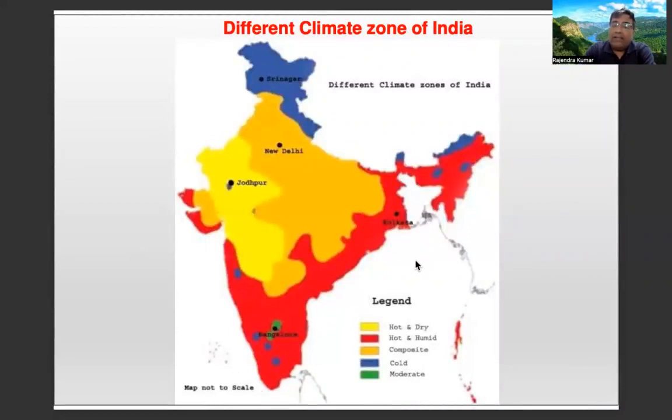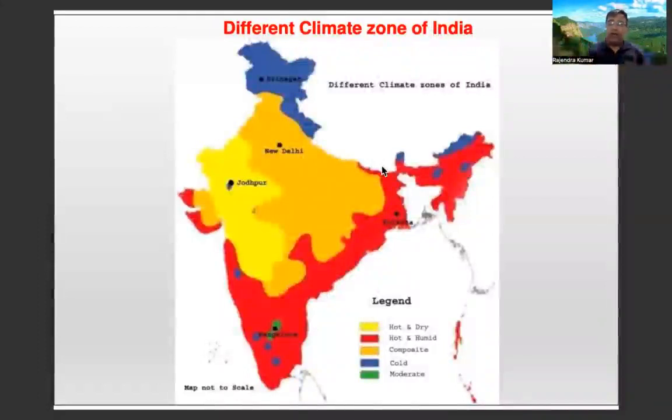That is the reason why this region is hot and humid, because of the surrounding sea, the Arabian Sea and the Pacific Ocean. This is Sri Lanka. And why is there a hot and humid and composite climate in this region? Because there is no sea here. Here there is Pakistan, and there is the China region, and this part is a country called Nepal.